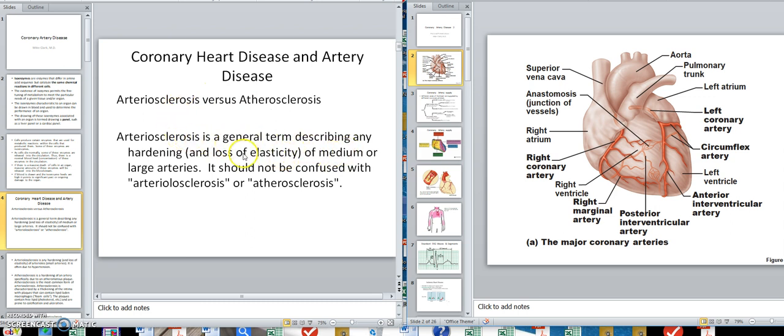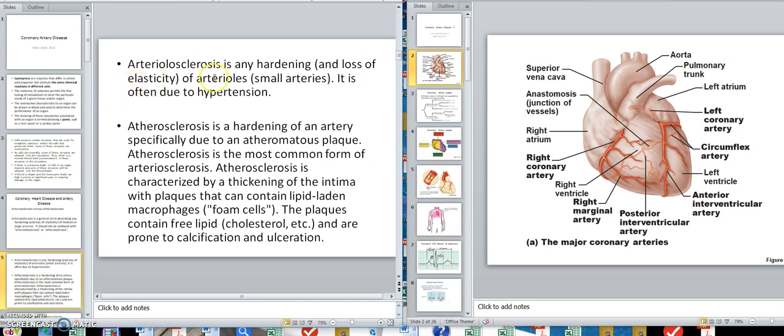Arteriosclerosis is a general term describing hardening in arteries, any kind. Okay. Atherosclerosis is when, in other words, arteriosclerosis could be due to just scarring. That'll make things get hard. But atherosclerosis has to do when there actually is a plaque, a hard calcified plaque put into the particular blood vessel.